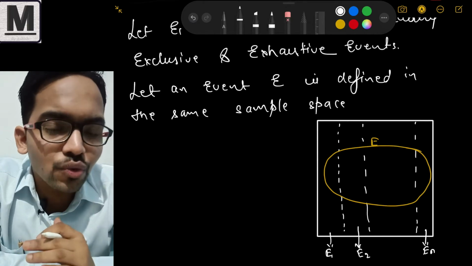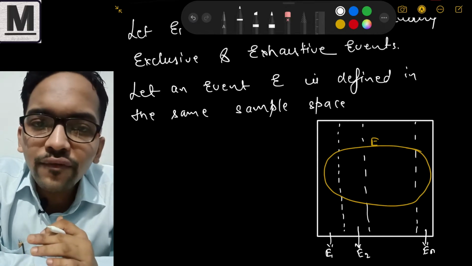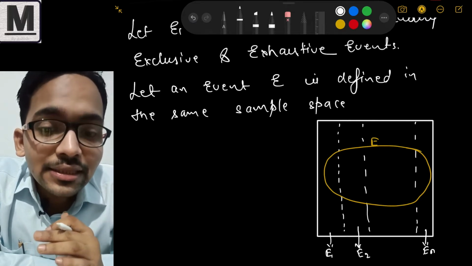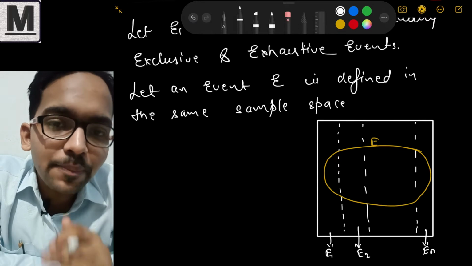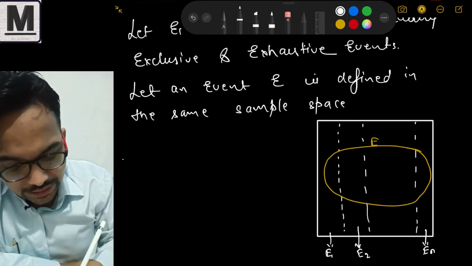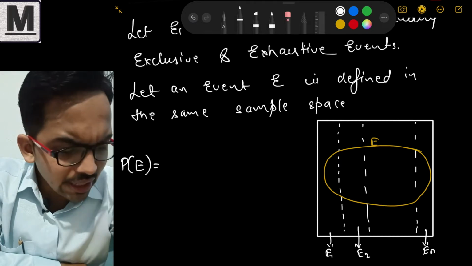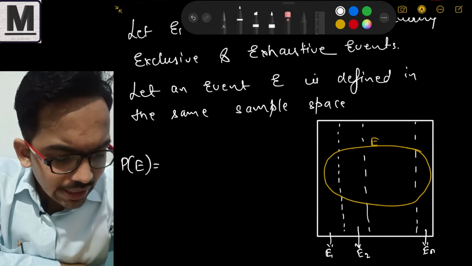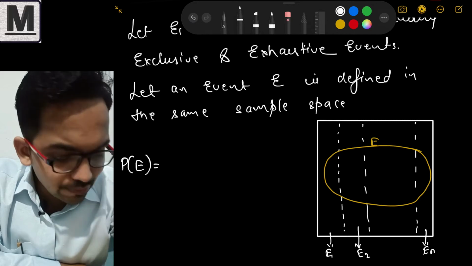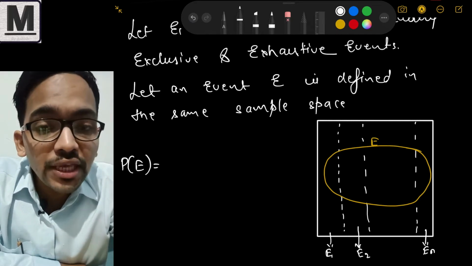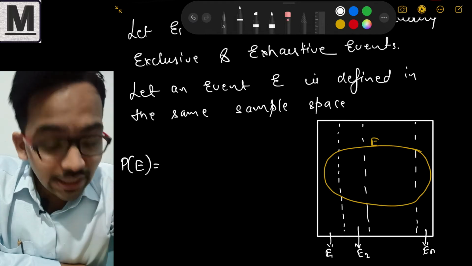Now if I ask you what is the probability of occurrence of this particular event E, then this theorem gives the answer. Just apply the logic that event E occurs because of E1, because of E2, and so on up to En.